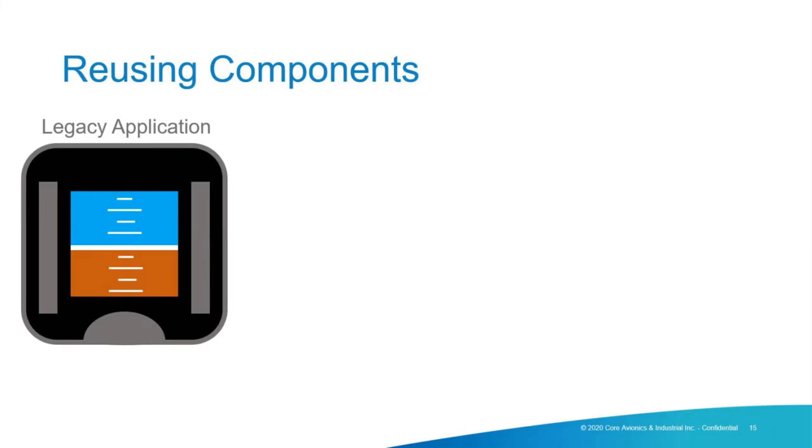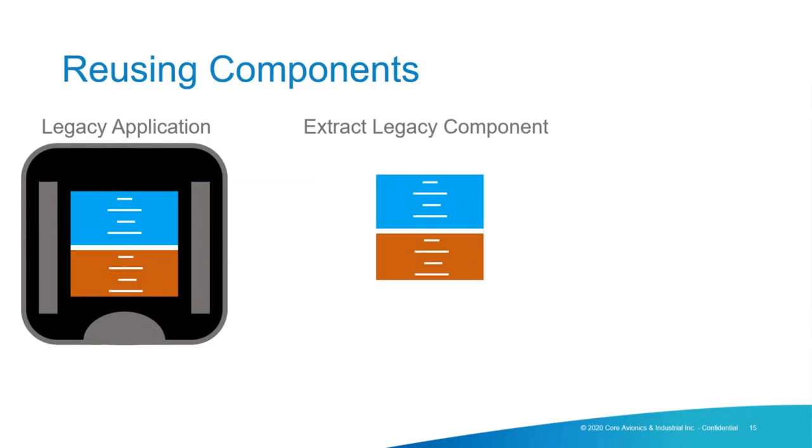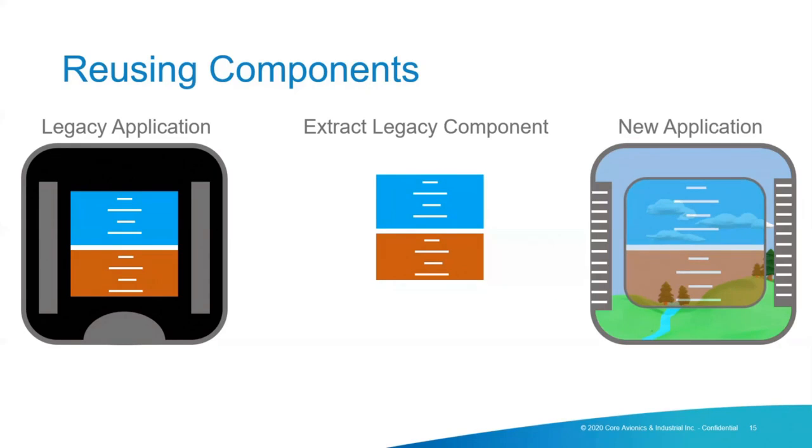So just an illustrated example here of reusing components. If you have a legacy application, in this example a cartoon version of a PFD, you can extract a legacy component here. The horizon indicator is being extracted right here. Taking the horizon indicator and modifying it slightly so that it is rounded and slightly transparent, and then being displayed over a map.